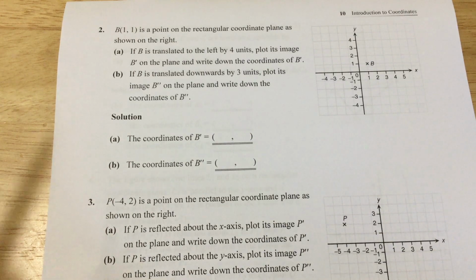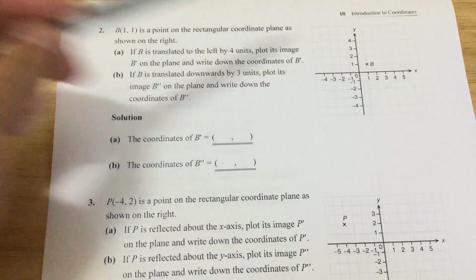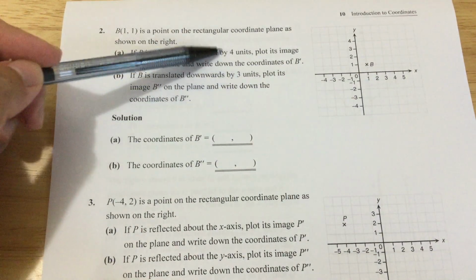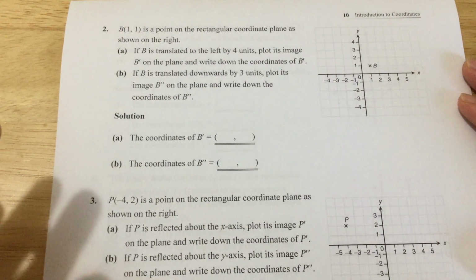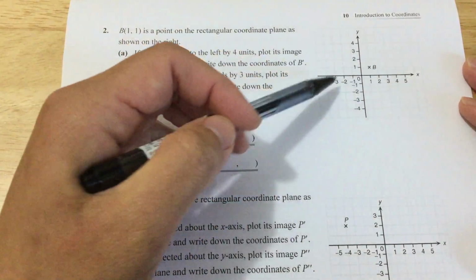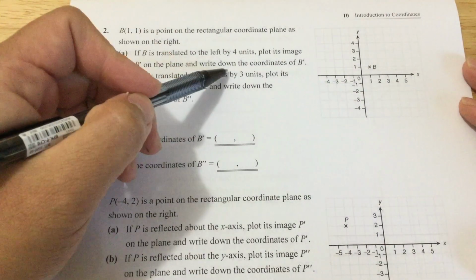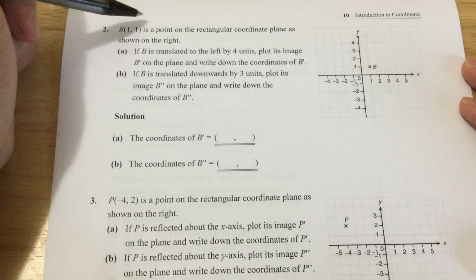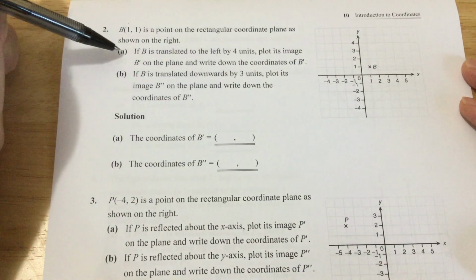Okay, now please look at the question. We have B at 1, 1 on the coordinate plane. And then if we go to the left by 4 units, in case we can calculate it before we draw it on the coordinate plane to find B prime. Okay, now let's have a look. Because we go to the left, that means the x coordinate will control the left part or the right part.